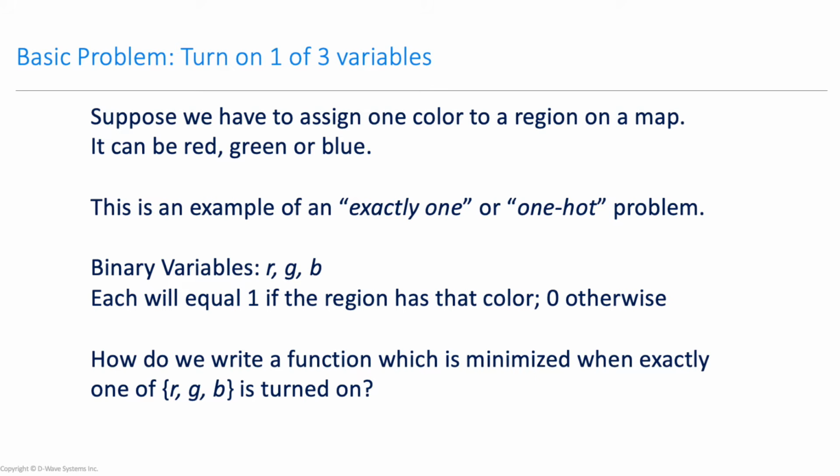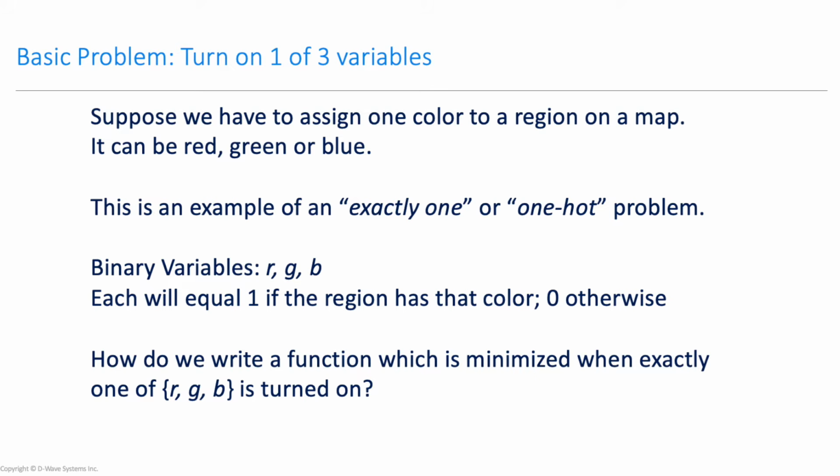I don't want it to be 2 colors or 0 colors. I do need to assign one, and just exactly one. And so this is an example of what is known as an exactly one problem or a one hot problem.